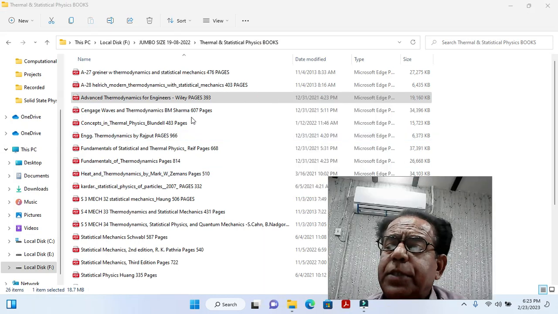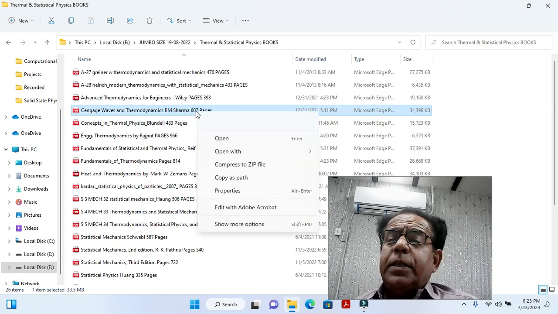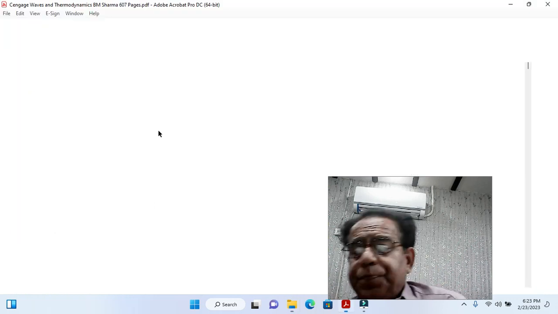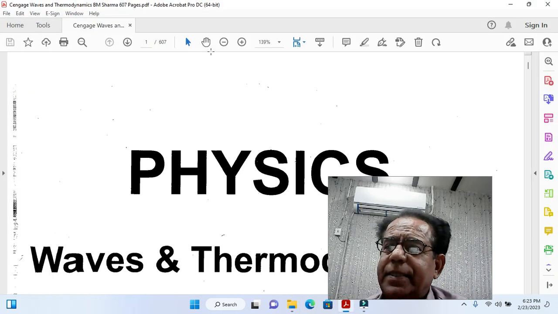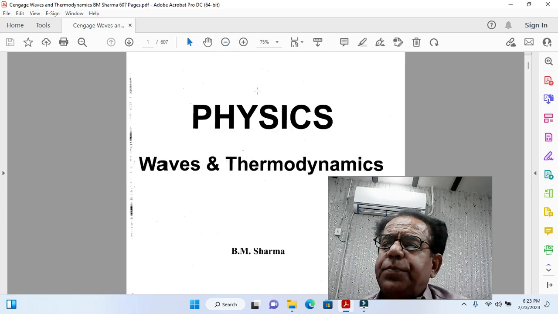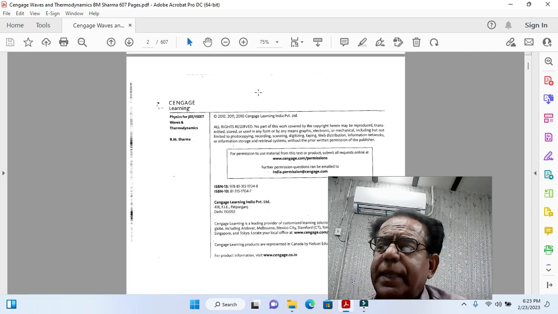Now we can move to the next book, which consists of 607 pages. This is by Indian author B.M. Sharma. This is the book Physics, Waves and Thermodynamics, B.M. Sharma, Cengage Learning.